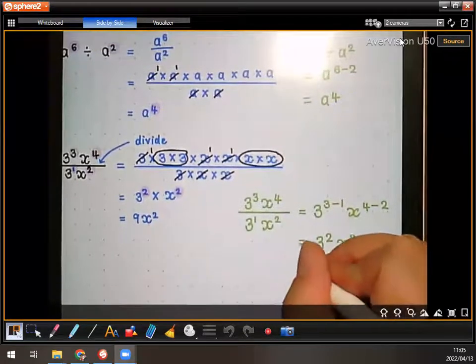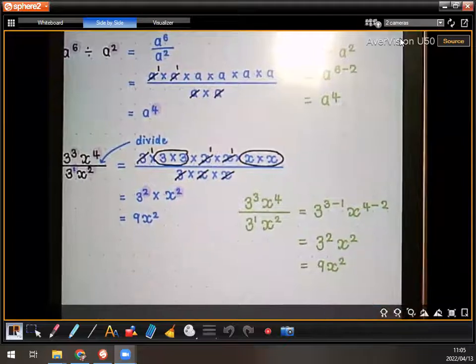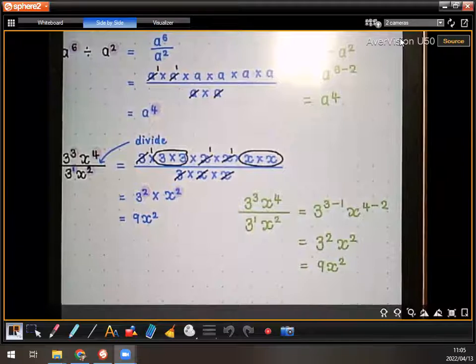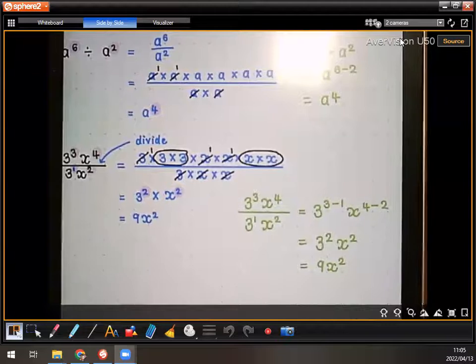Okay, if it's an actual number, guys, you have to write that number, please. You can't leave that as 3 squared. Okay, guys, you can decide which method you want to use. If you want to do the expansion and do the physical cancelling out, be my guest, you're more than welcome to do that. Okay, if that is the method that makes sense to you, that's fine.